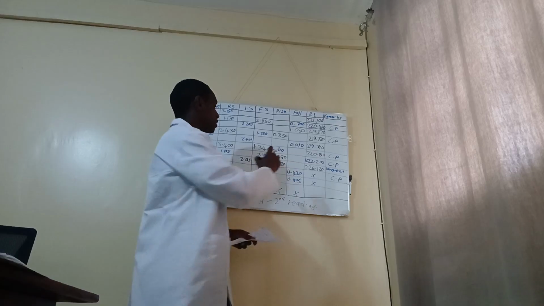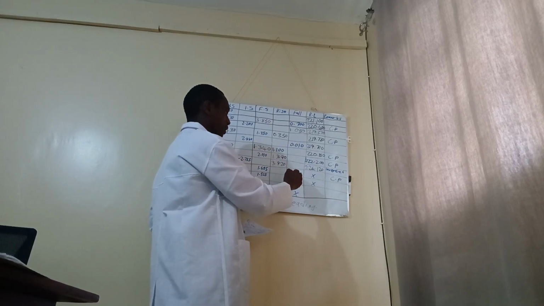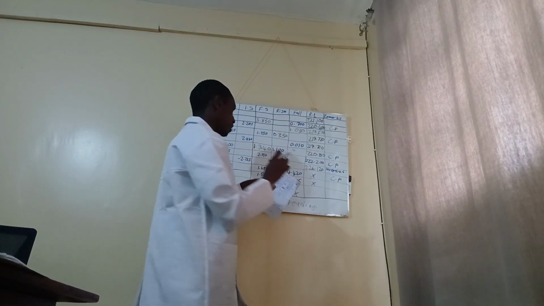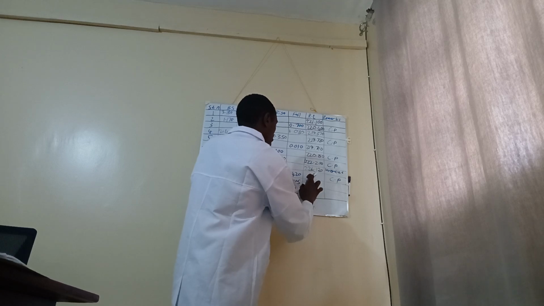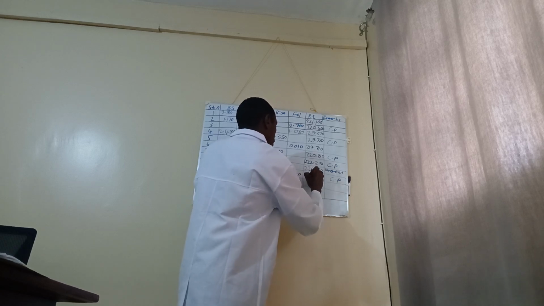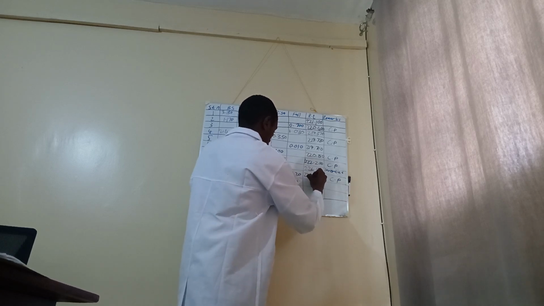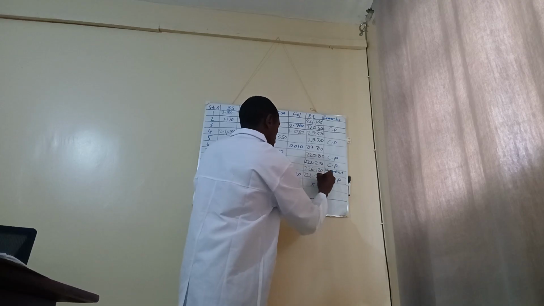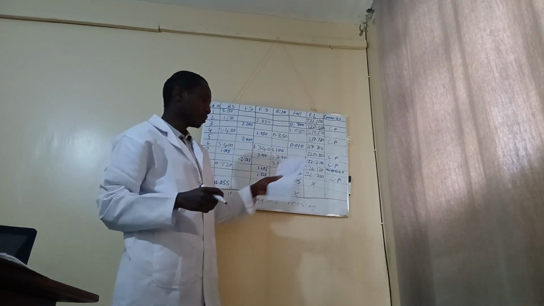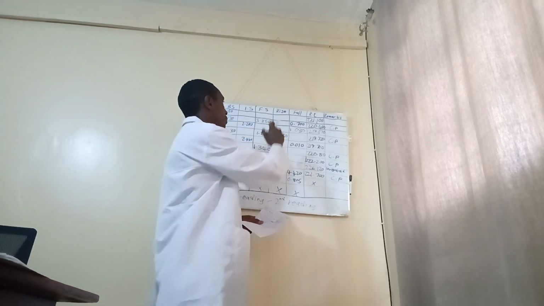The next one, it is a fall, so it is this minus this, and you get 221.700. The next thing happens, the same thing.